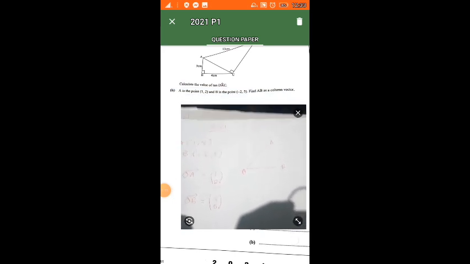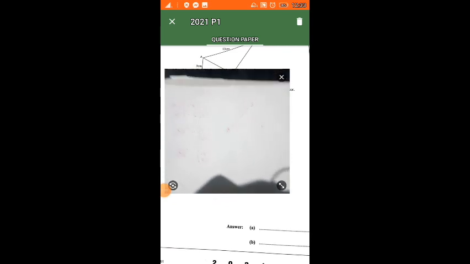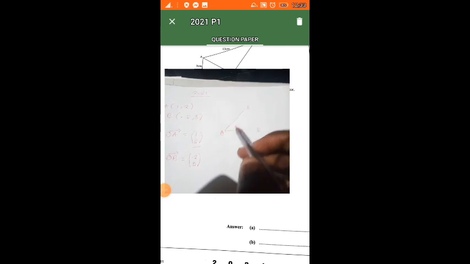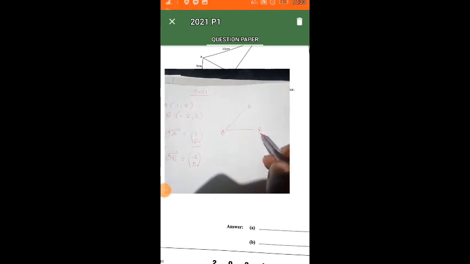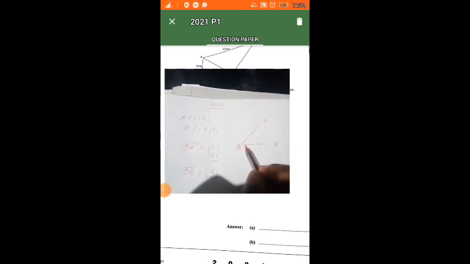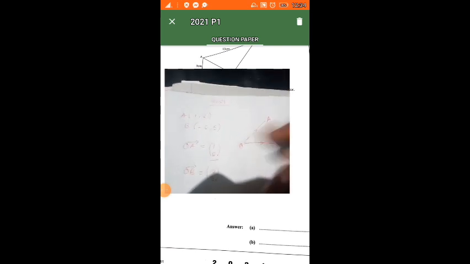So there we have O going to A and O going to B. These are the directions where we are moving. That is OA and OB.